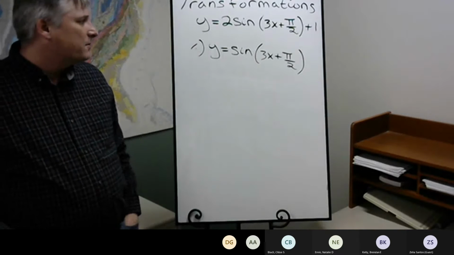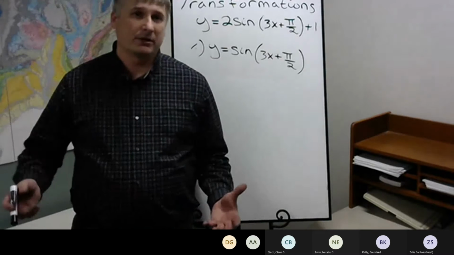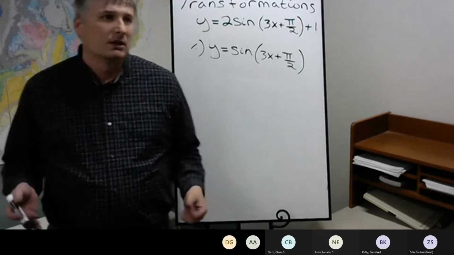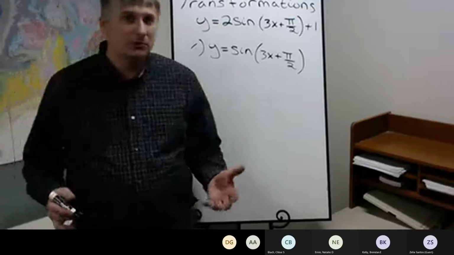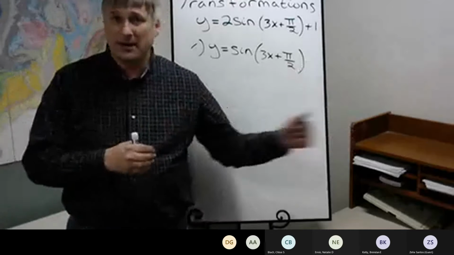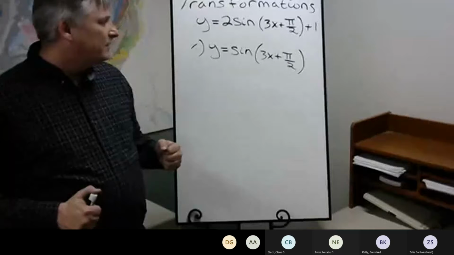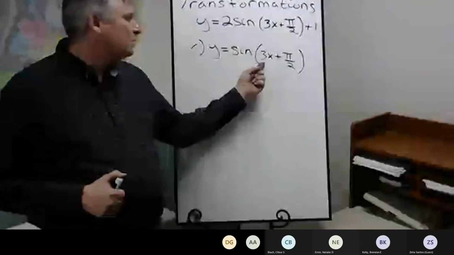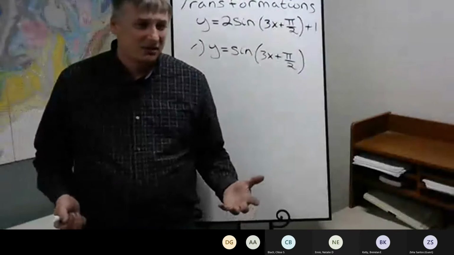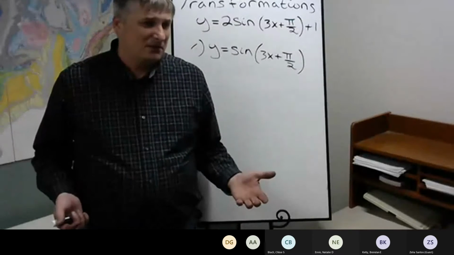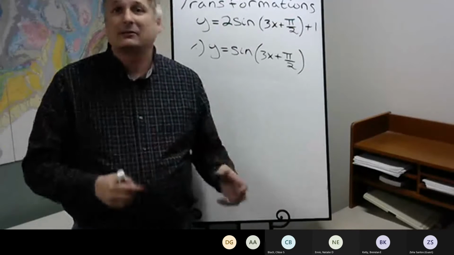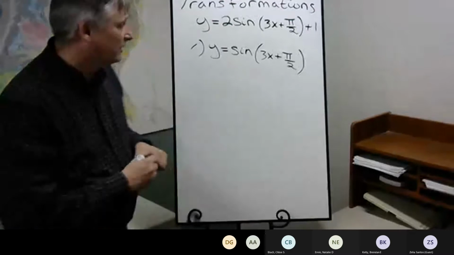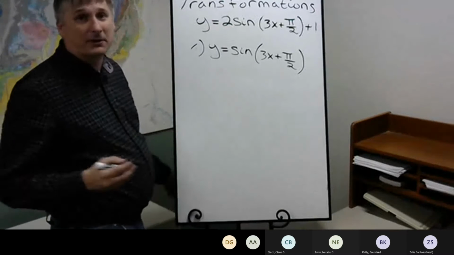And to do that, we know that the sine is a period of 2 pi units. And the canonical version I'm going to use goes from 0 to 2 pi. So we need to figure out, well, if we do all this stuff to x, how does that change the period in terms of length and location? How's it going to change the length and location of our canonical period?